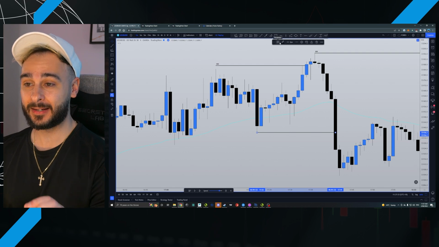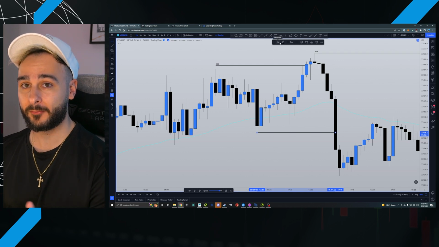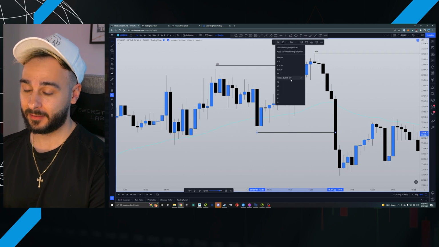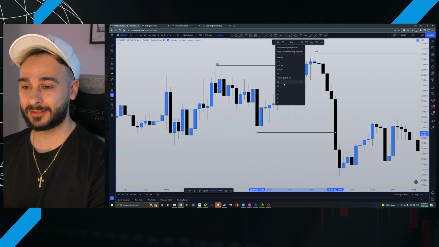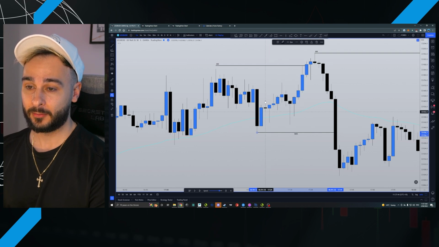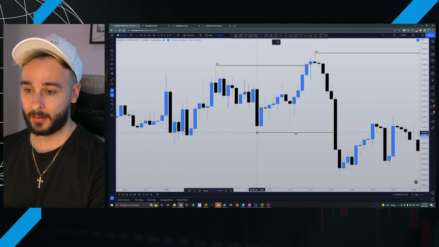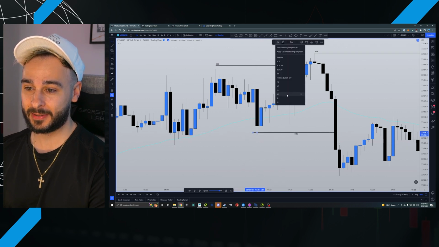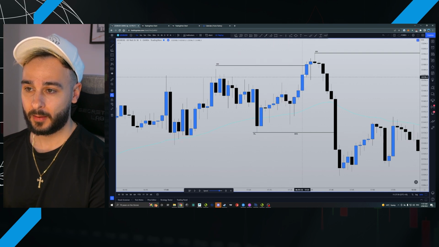I'm using this as a starting point and a reference. You guys may need to go back and forth to understand exactly what I'm doing. I'm really bad at explaining this because it gets very technical. So this would be a break of structure, and it would also be our pullback. And this will all come together in a minute when I start drawing the ebbs and flows. So this is your higher low and your higher high.